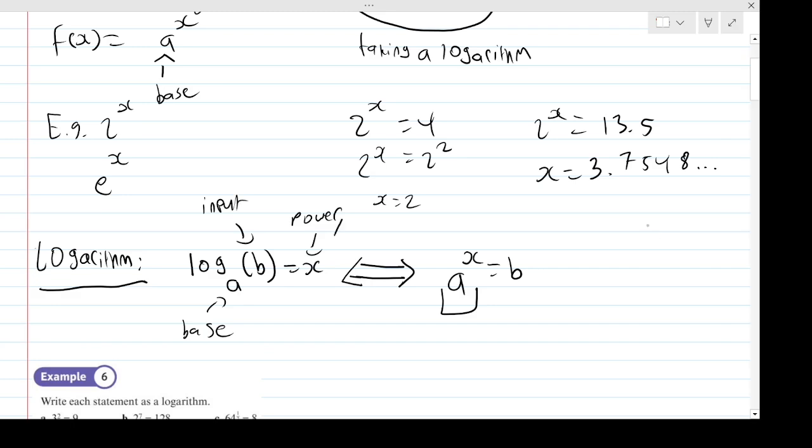So the output it gives me is x. Compared to an exponential, x is my input, or my power, my exponent. A is still the base, and b is the exponential, or the output.